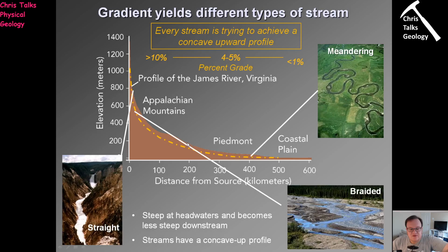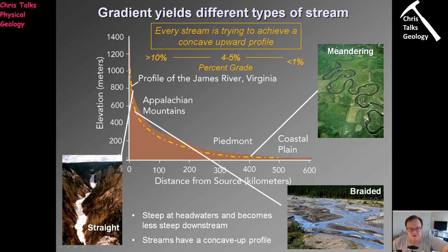What this means is over time, you'll end up producing what's referred to as the concave upward profile. And this is what every river is trying to achieve. Every river is desperate to achieve this concave upward profile because it is the most efficient profile for a river to have. And this is the concave upward profile here, marked out by this yellow dashed line.